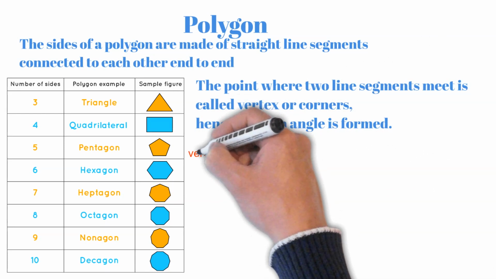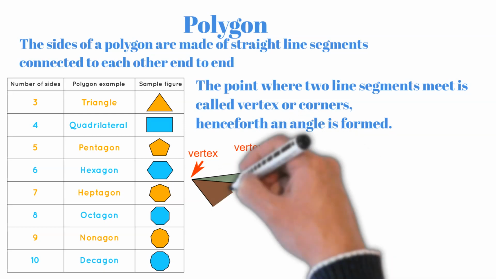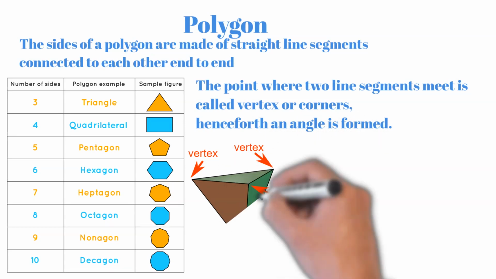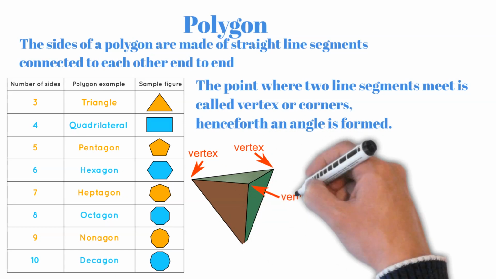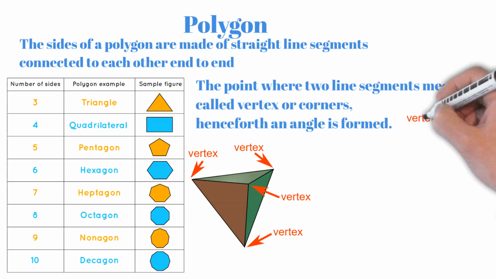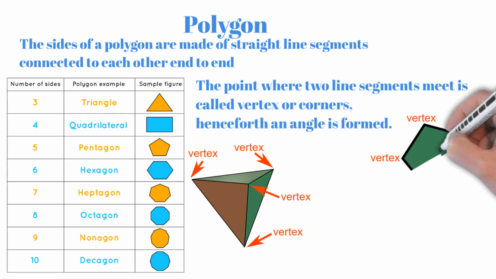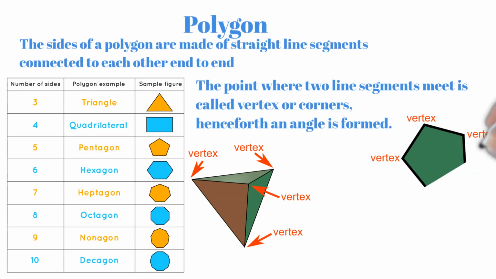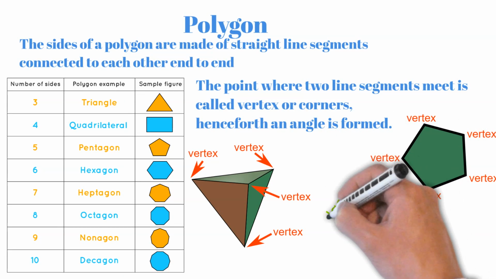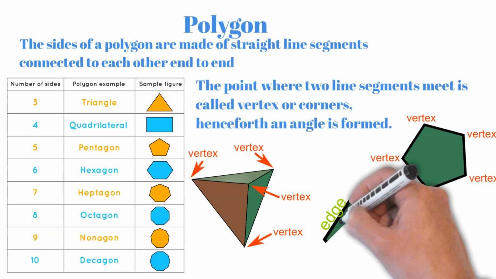The point where two line segments meet is called a vertex or corner. Henceforth, an angle is formed, for a triangle or whichever shape. Wherever two lines meet, it is called a vertex, and the line segments are known as the edges. These are the different types of polygons; depending upon the number of sides, the shape name changes.